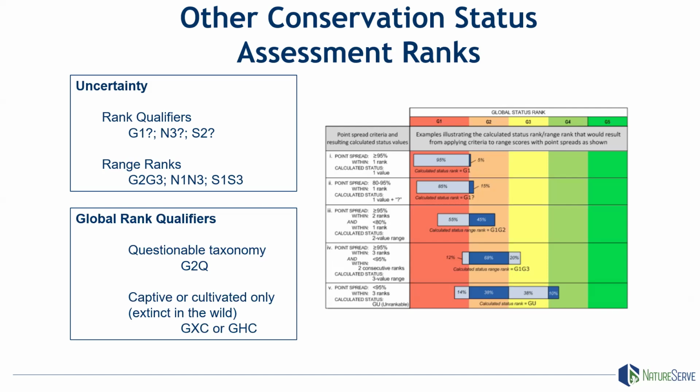Rank qualifiers can also describe species with questionable taxonomy by the addition of a Q at the end of the global rank. The addition of a C on an X or H rank indicates a species is extinct or possibly extinct in the wild, but found in captivity or cultivation.